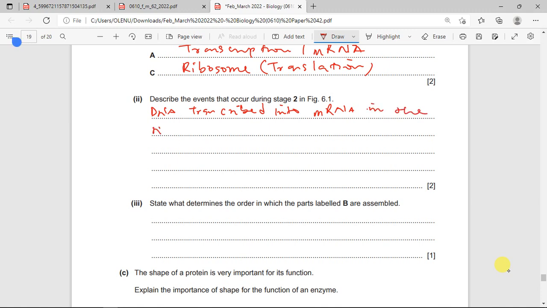That's what happens in A. So the mRNA is transferred out of the nucleus into the cytoplasm.